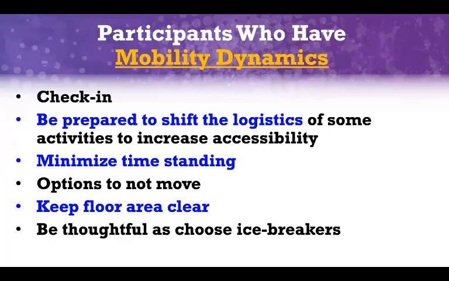And or I'll go up and chat, especially if they're using some type of chair or cane to get around, and discuss plans, and then always be prepared to shift. Even if you talk and then you get in the moment and you watch the first several activities, you're like, you know what? Playing card activity, I have to figure out a different way to do it, and be creative.